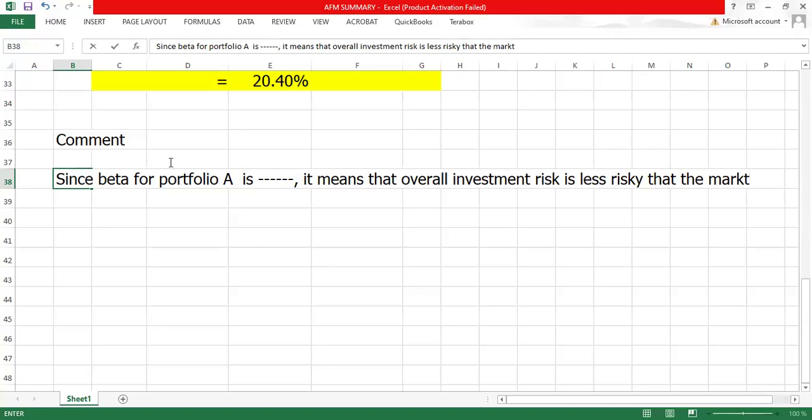That is if the beta is less than 1. That's the comment you can put.